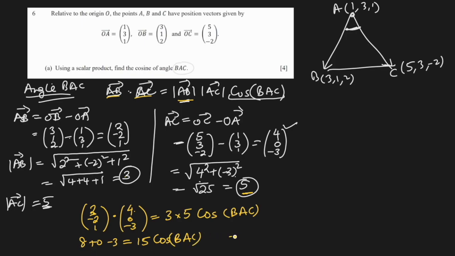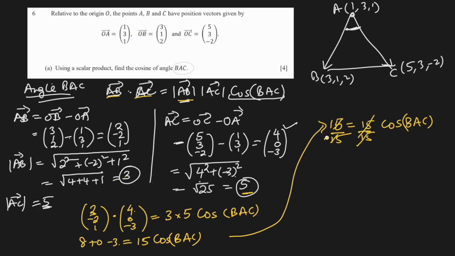So 8 minus 3 is 5, equal to 15 cos BAC. Divide both sides by 15 and it becomes 1 over 3. Cos of BAC is 1 over 3. That's what they wanted. Using scalar product, find the cosine of angle BAC. This is the cosine of angle BAC.